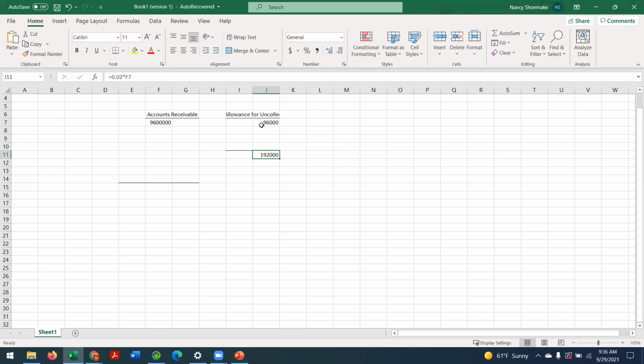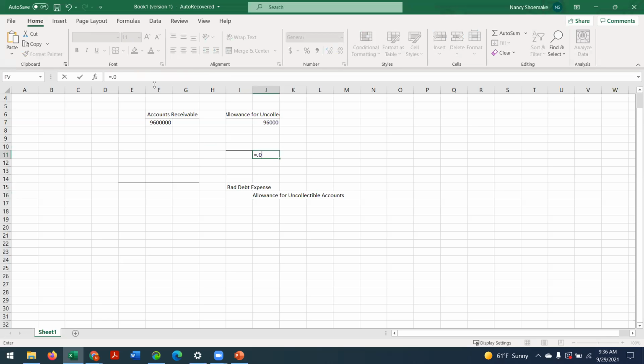Since we have a credit balance of 96,000 sitting in our allowance, we are going to debit our bad debt expense and credit our allowance for uncollectible accounts for the difference. Sorry, I screwed that up.